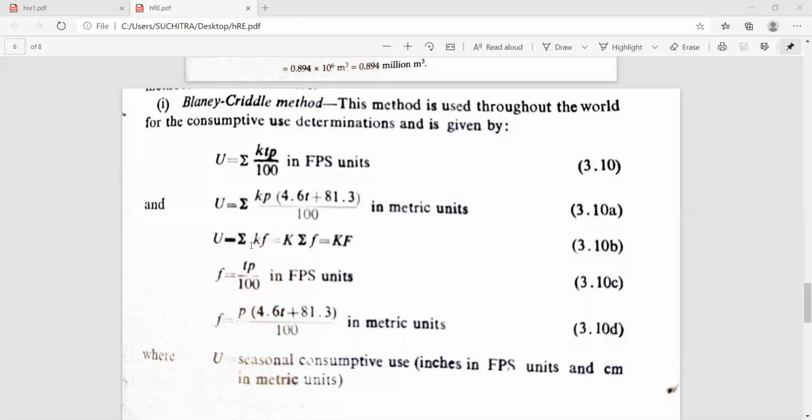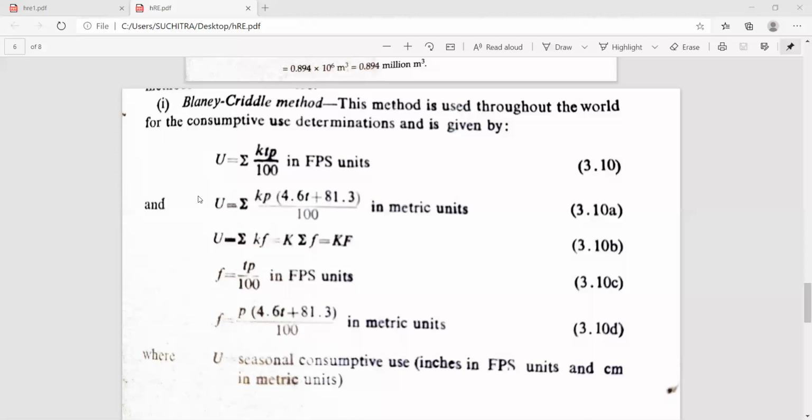This value will be given, and it differs for different types of crops. The equation can be rewritten as K into sigma F. K is the annual or monthly or seasonal consumptive use factor. P stands for the percentage of sunshine hours, and T stands for the mean temperature during that particular growth period of a particular crop.